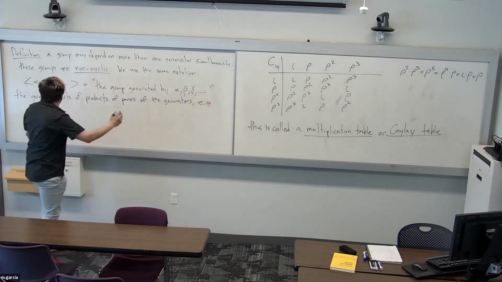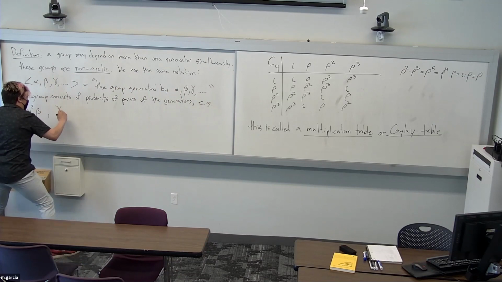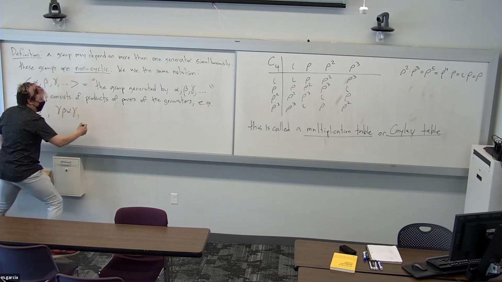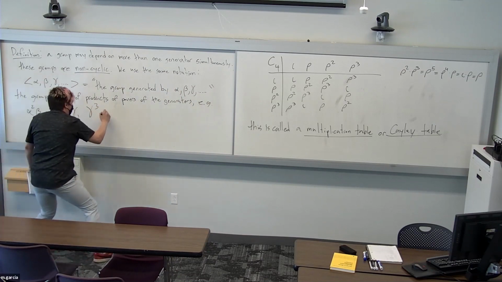E.g., you can have alpha squared, beta, gamma, beta, alpha, gamma, whatever combinations you want. What do we want? Gamma cubed. It's like some weird version of span.